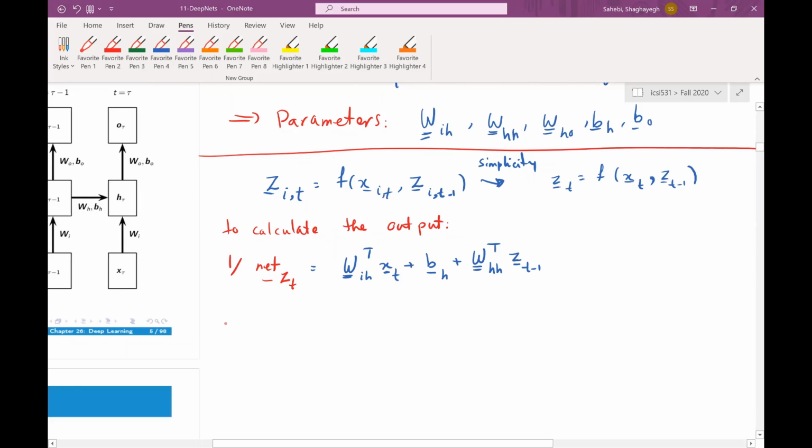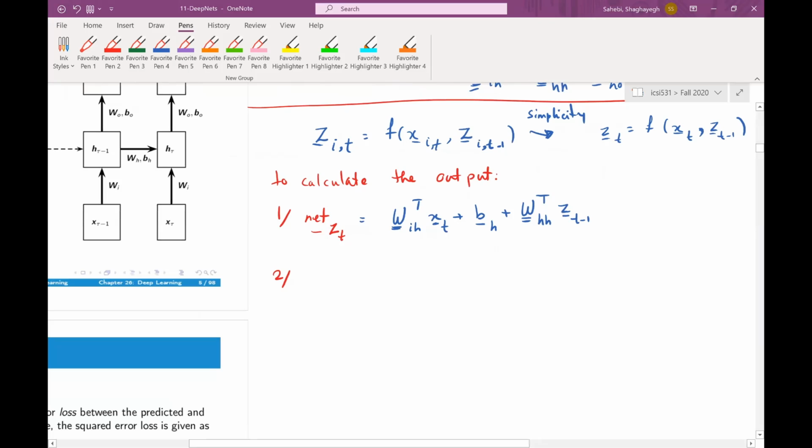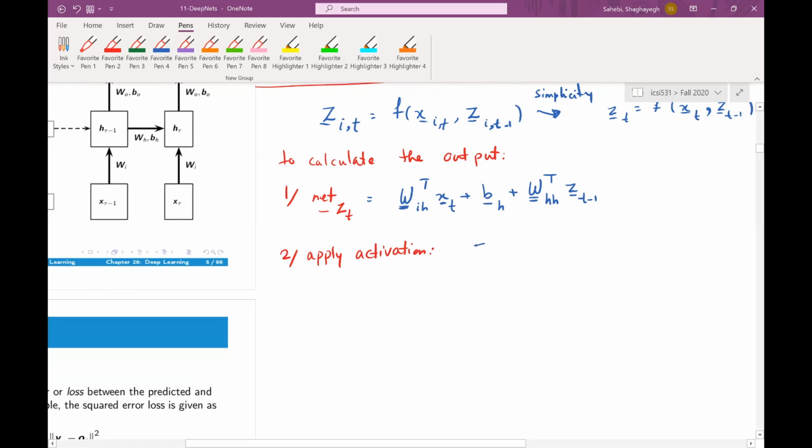In the next step, we are going to apply activation on net z, right? So how are we going to do that? We are going to say z_t is equal to the activation f_H over net z_t. And this activation is going to be applied element-wise on the vector of net z_t.